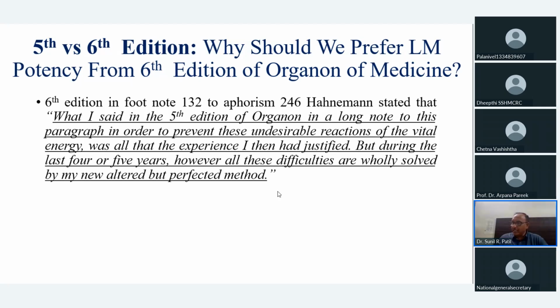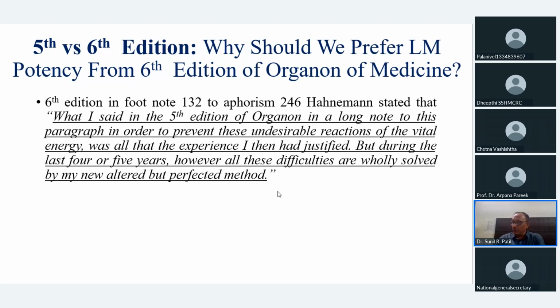Thus, Dr. Hahnemann introduced the LM potency in the sixth edition, after experiments of 4 to 5 years with this new dynamization method. Dr. Hahnemann therefore declared that the problem arising with the application of the centesimal scale of potency has been wholly solved by this new method of dynamization of pharmacy.